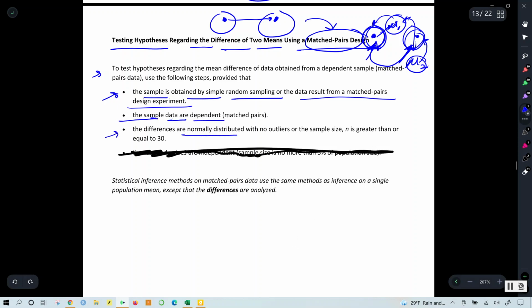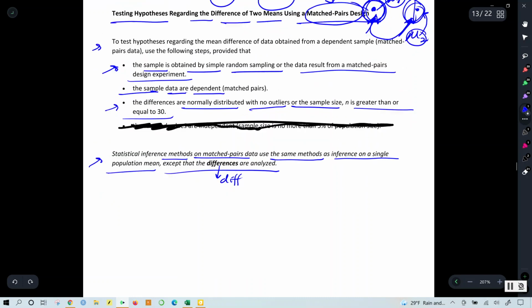Then the differences must be normally distributed with no outliers, or the sample size must be greater than or equal to 30. Take note that statistical inference methods based on matched pairs data use the same methods as inference on a single population mean, except that we're analyzing the differences.